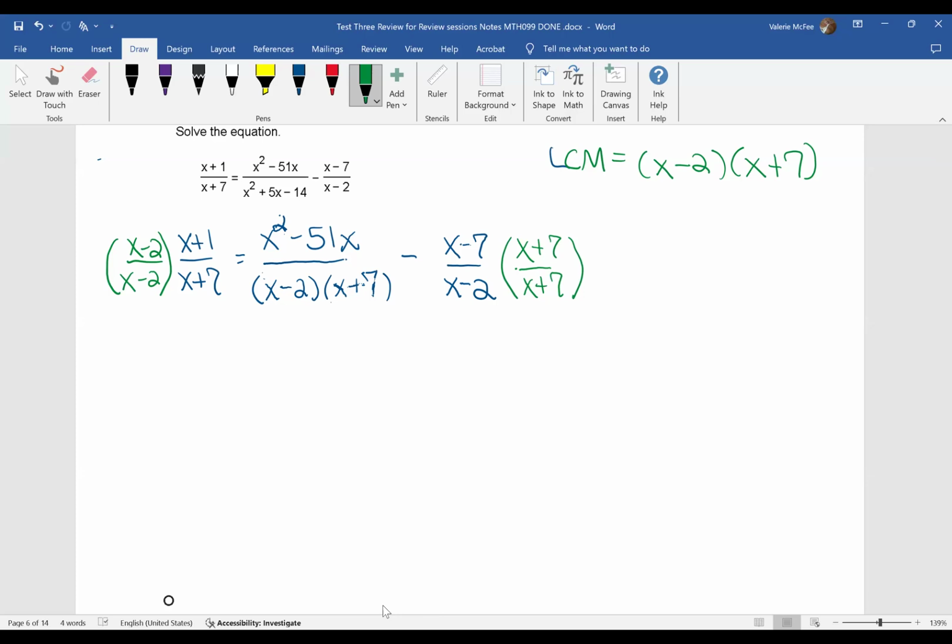The first fraction was missing that factor of x minus 2. The second fraction wasn't missing any factors in the denominator, and the final one was missing x plus 7. And again, now that the denominators are all the same, we can ignore them.